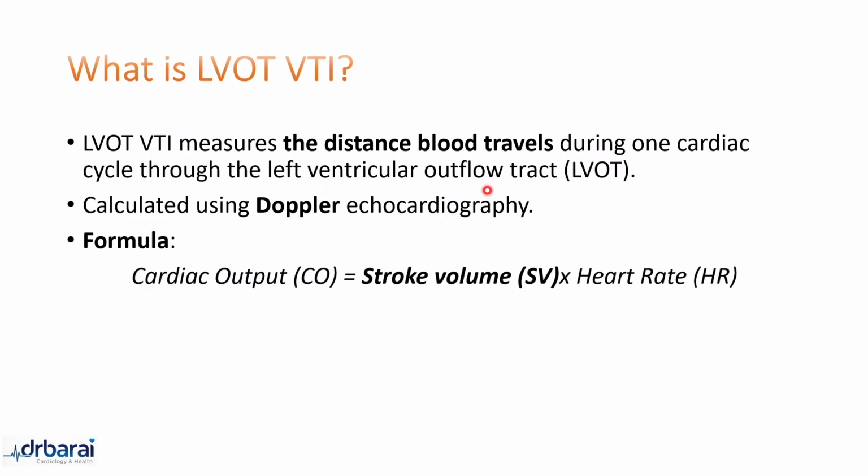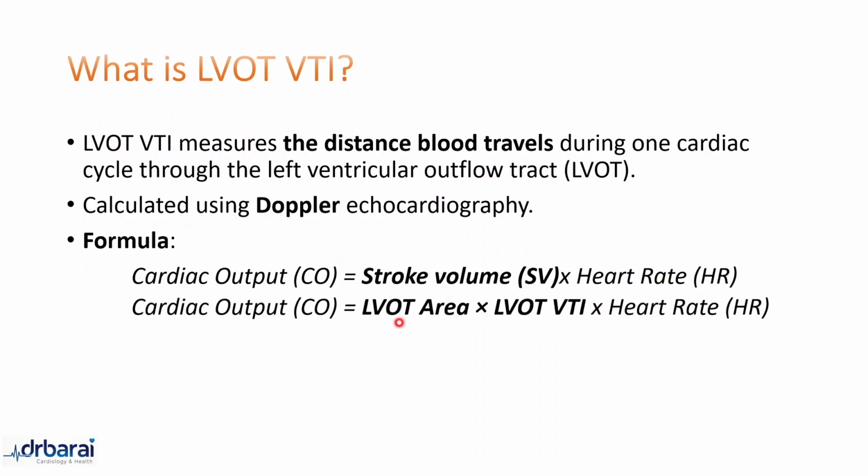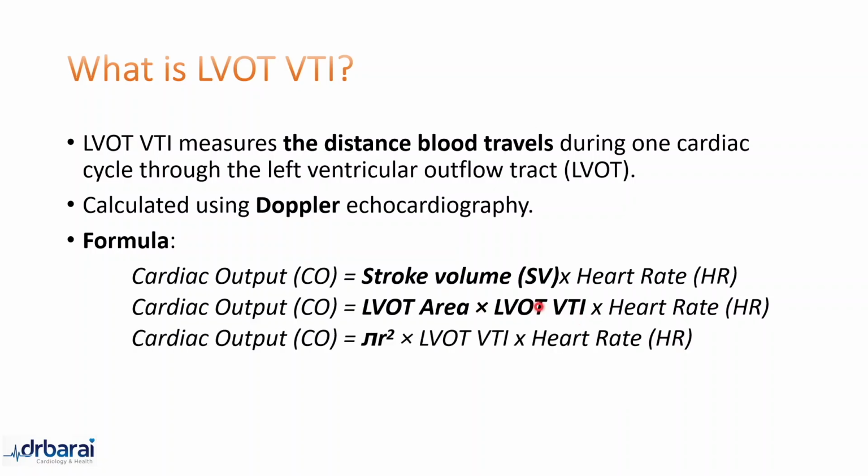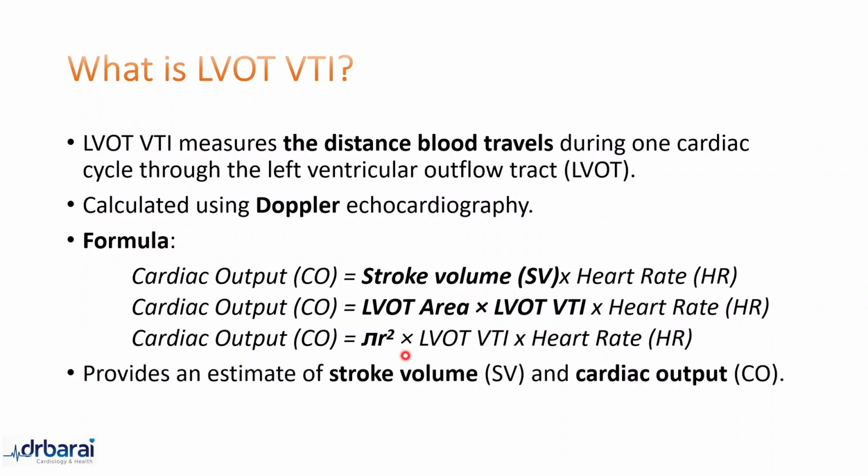The formula here is that cardiac output is equal to stroke volume multiplied by the heart rate, and we can calculate the stroke volume by LVOT area multiplied by LVOT VTI, and the area formula is pi multiplied by r squared. R is the diameter divided by 2. So if we know the LVOT VTI, it will give us some idea about stroke volume, and also about the cardiac output. The normal LVOT VTI is 18 centimeters to 22 centimeters.